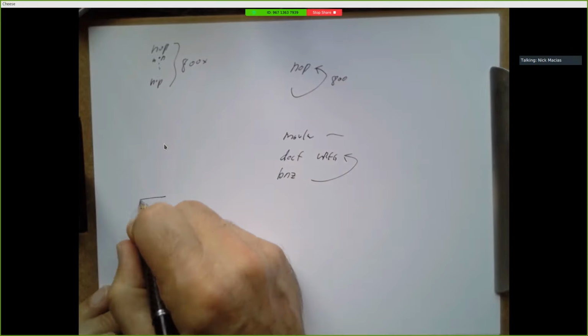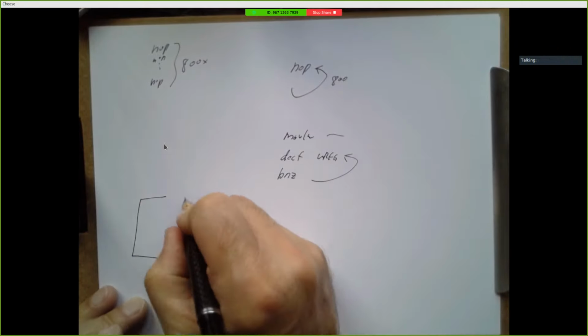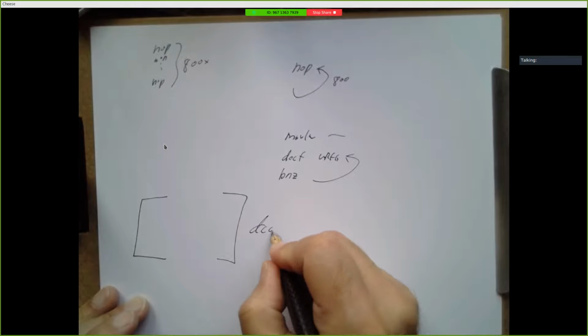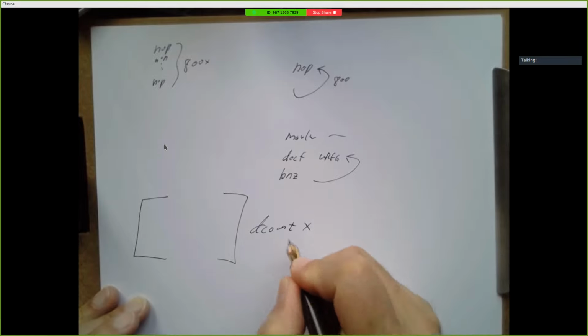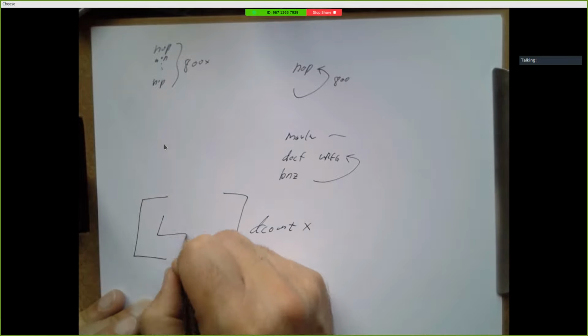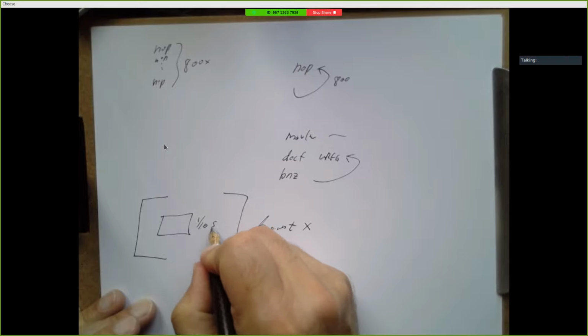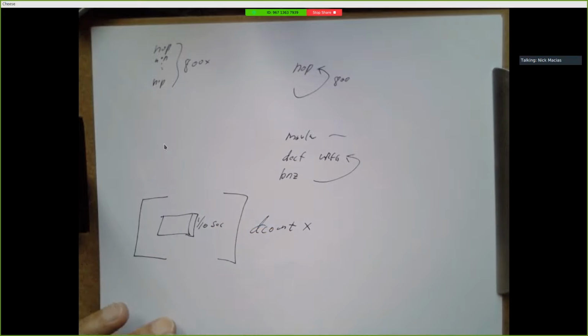So we have an outer loop which executes dcount times, and we have an inner loop which takes 1/10 of a second.